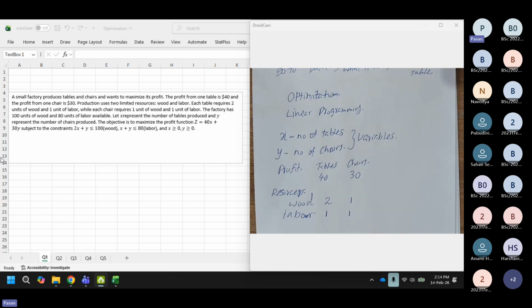And then the total capacity availability is going to be 100 units of wood and 80 units of labor, right?